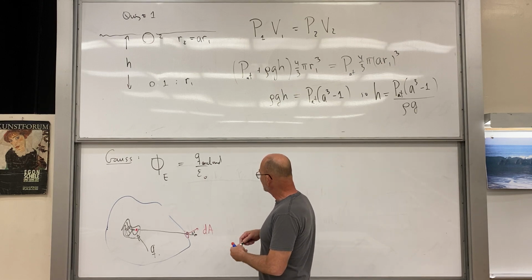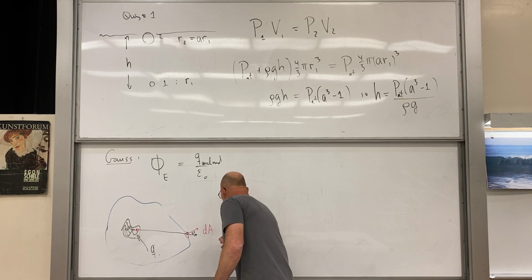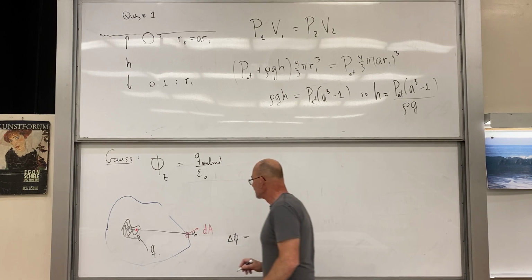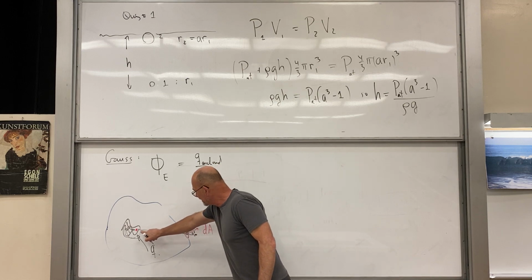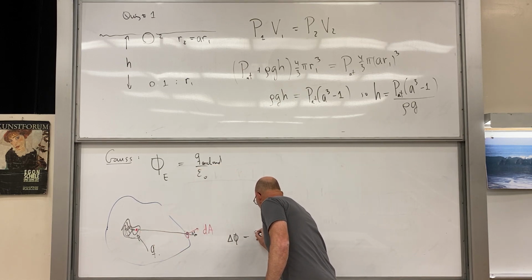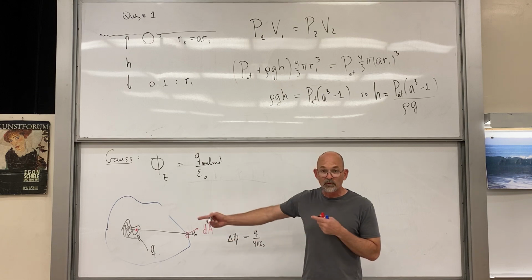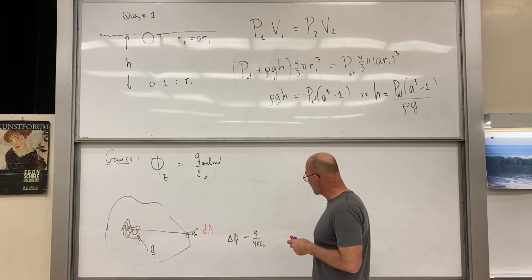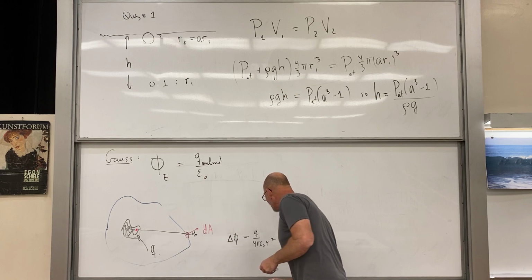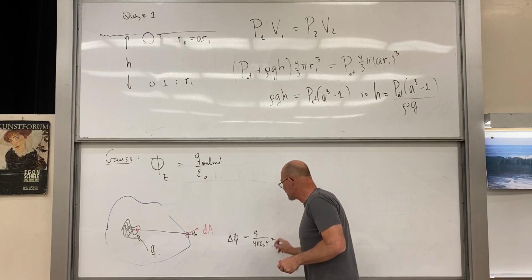And I could write delta phi, the flux here, would be the field, Q over 4 pi epsilon naught r squared, just from that little red dot of field. That's my field.